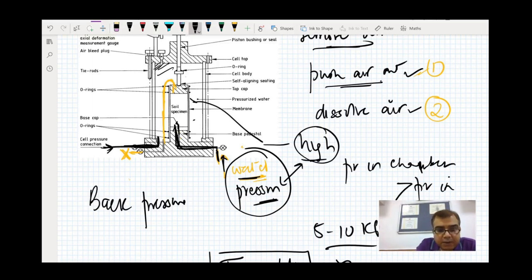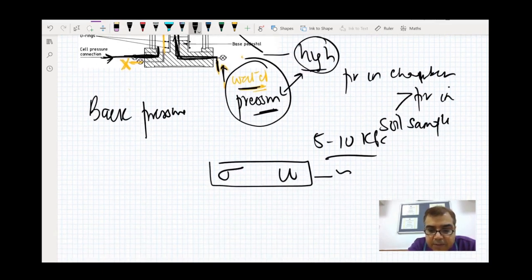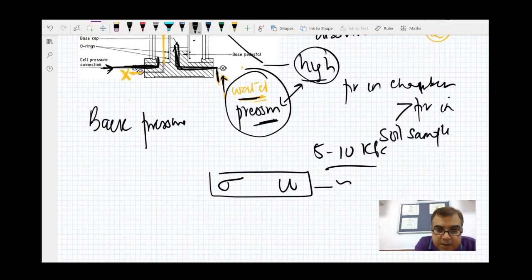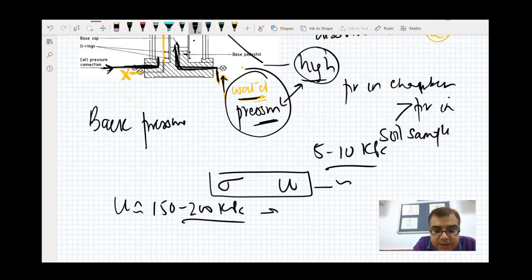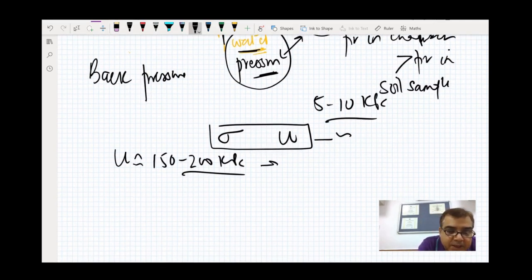Now what you will notice is that because you have a higher pressure coming in within the sample, this higher pressure would help dissolve the air. A pressure of something like over 150 or 200 kilopascal or higher, it has been seen that it helps to dissolve the air.